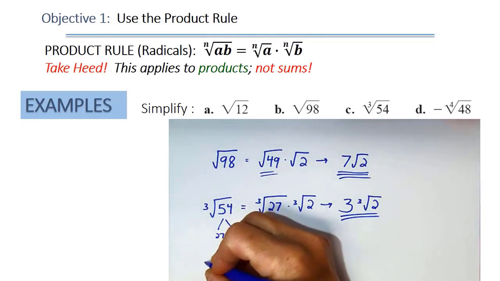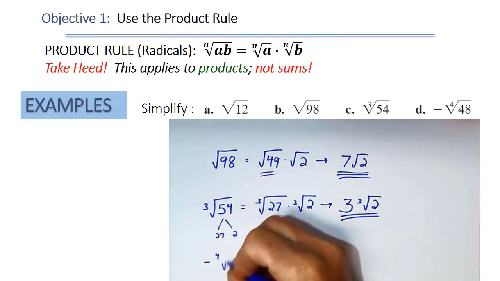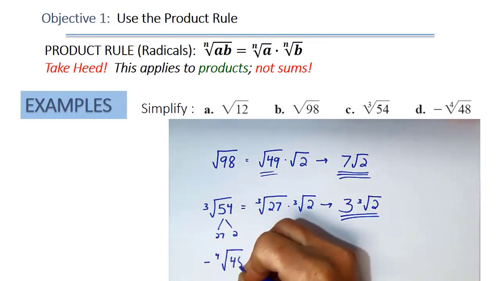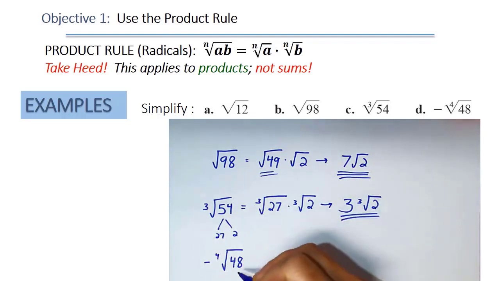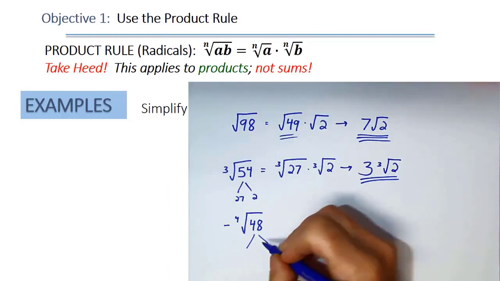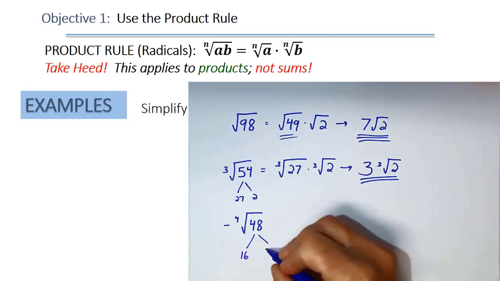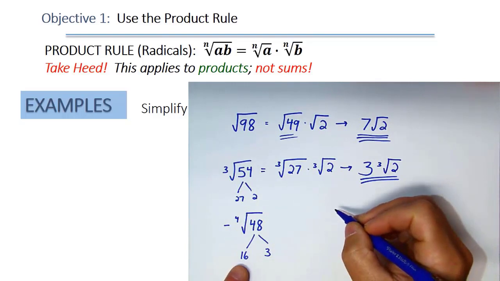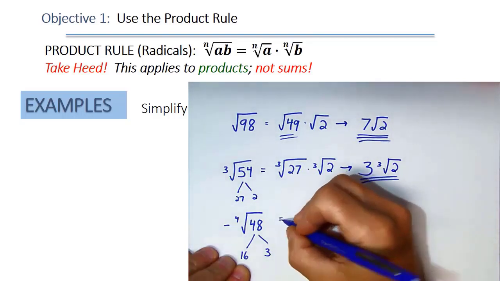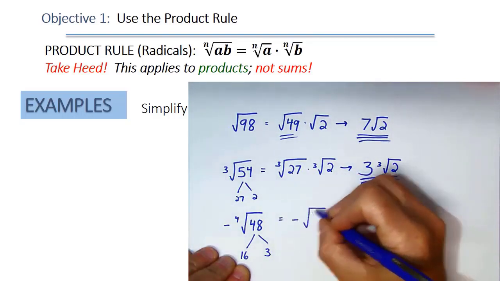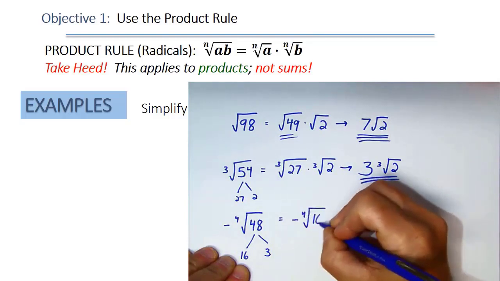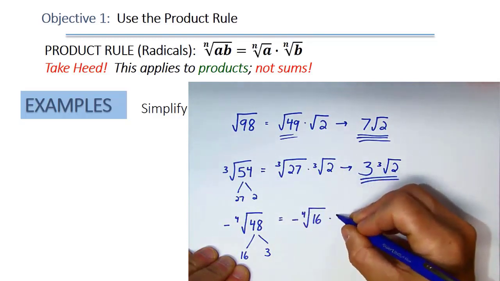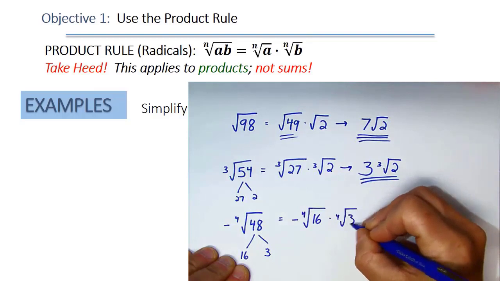And one last one here, negative 4th root of 48. So what are the 4th roots that exist in 48? Well, 48 breaks into 16 times 3, but we know what the 4th root of 16 is, so we're going to say that this is negative 4th root of 16 times the 4th root of 3.